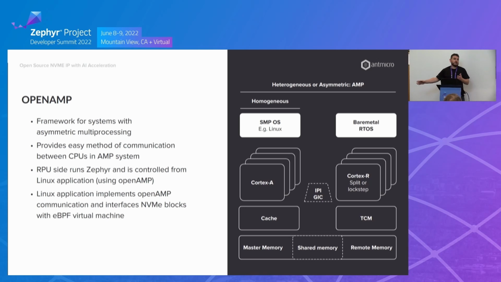Linux also has OpenAMP integration, so we just enabled OpenAMP on one side and OpenAMP on the other side. There is support for this exact platform in Zephyr and in Linux, so that was pretty straightforward. We just enabled some functionality, and then we were able to exchange data between those two asynchronous systems running on a single chip, on two different CPUs.